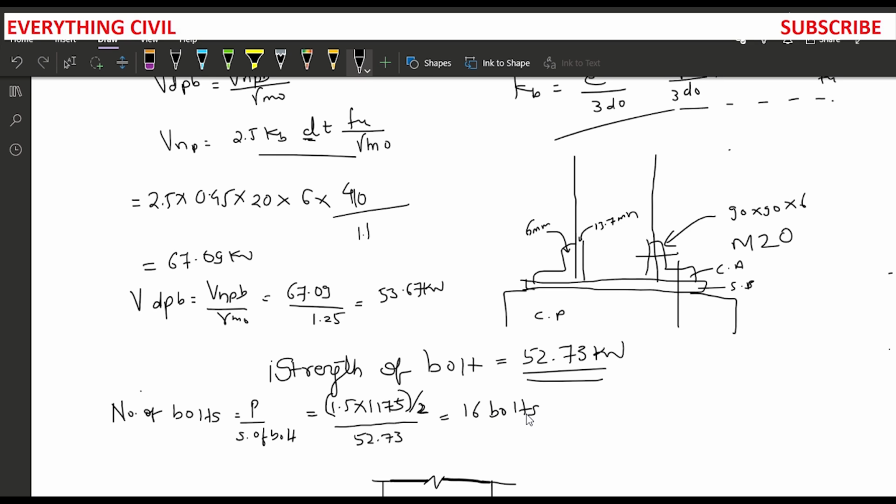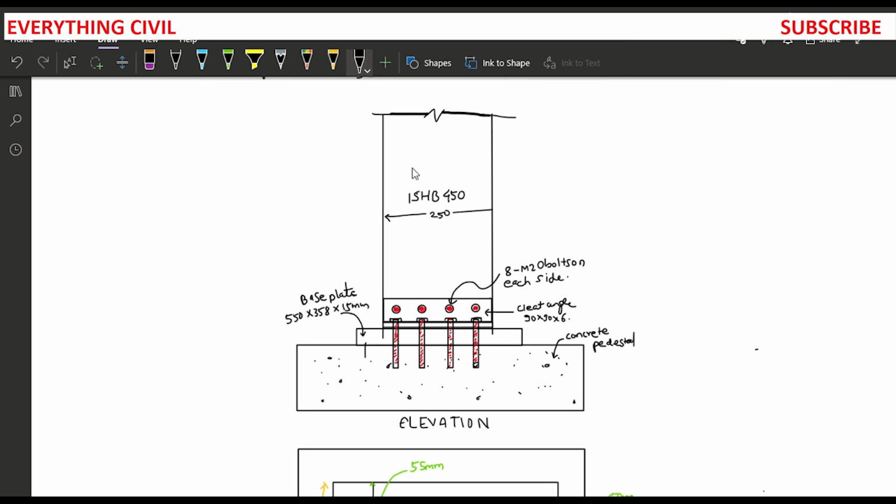Now the method of providing can differ based upon the designer. In my case, I'll show you how I have provided it on the section as well as on the plan. So I'll show you the drawing now. This is the elevation that you see. This side is the flange side, and I have connected the base plate with a cleat angle, which you can see is this part. I have written it as 90 by 90 by 6.